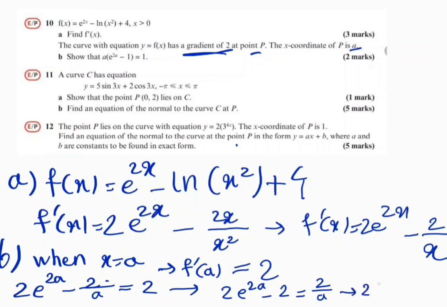So that's 2 times e to the 2a minus 1 is equal to 2 over a. Now we can divide both sides by 2, so this 2 cancels out with this 2, and we will just have 1. And now we can multiply both sides by a. If we do so, then we get a times e to the 2a minus 1 is equal to 1. Here it is 1, remember that, because we simplified the 2's. And that's it, so proved as required.